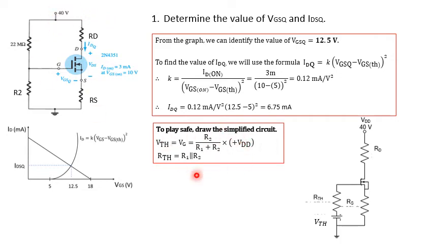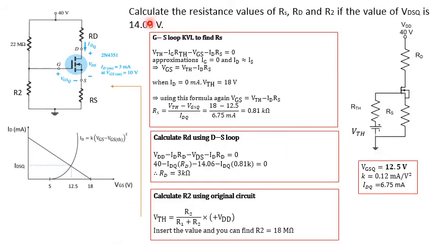But this one, you just keep first, because we will try to use this idea to solve the next question. The next question is to calculate the resistance values of RD, RS, and R2, if the value of VDSQ is 14.06.